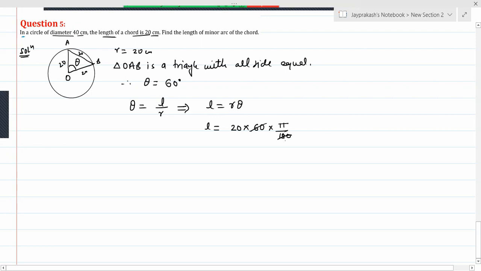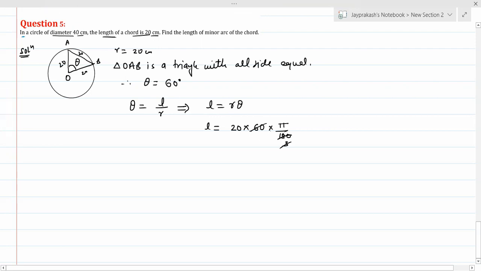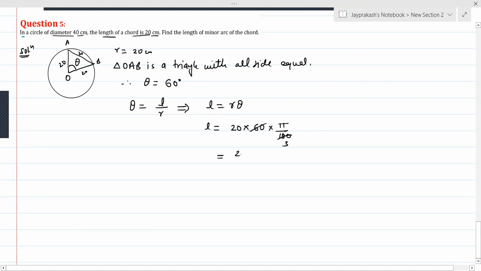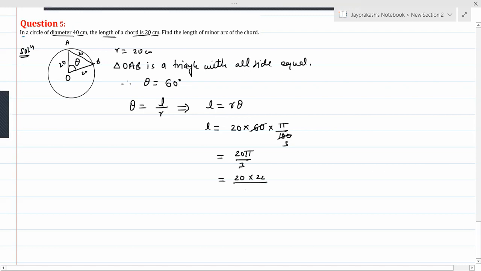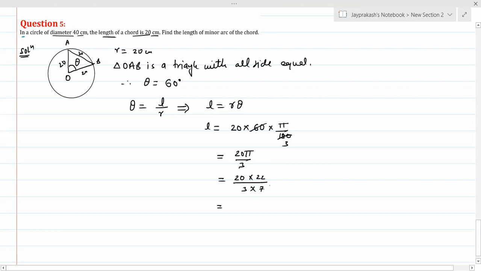It is not divisible further. So now we can say here it's 20 pi by 3 centimeter, and if you need, you can substitute the value 22 by 7 in place of pi, and this will give you the answer in centimeter.